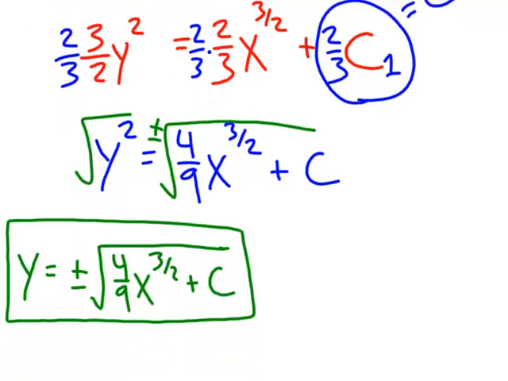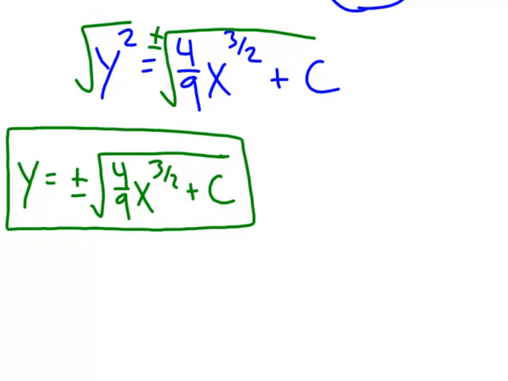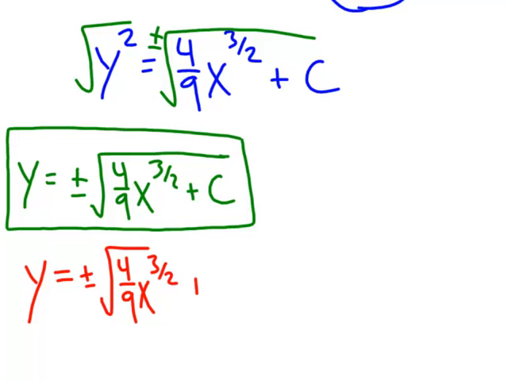And a couple things worth pointing out at this point. Please avoid this classic mistake. Students every year want to do this. They see the 4/9 and they get excited because 4 and 9 are both perfect squares, and they want to believe that we can do this: 4/9 x to the 3/2 plus square root of c, and then they try to reduce this and make that plus or minus 2/3 x to the, that'd become 3/4.